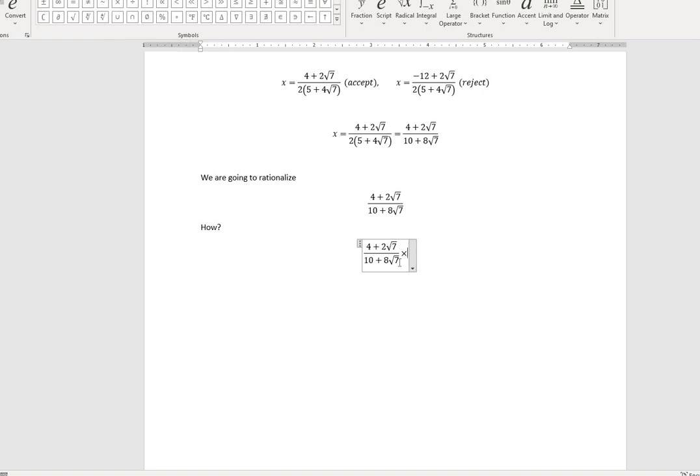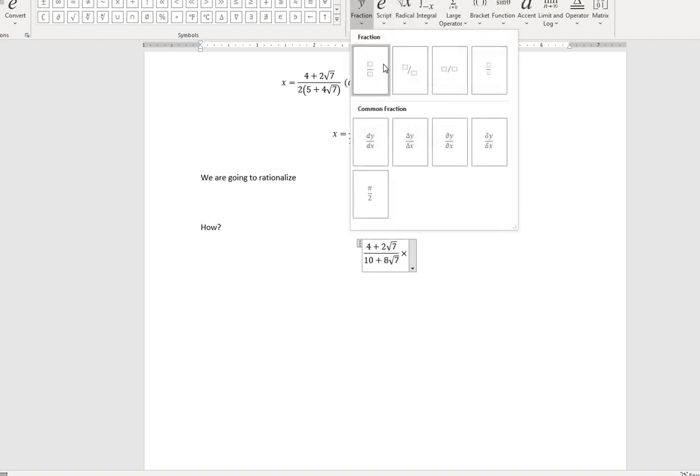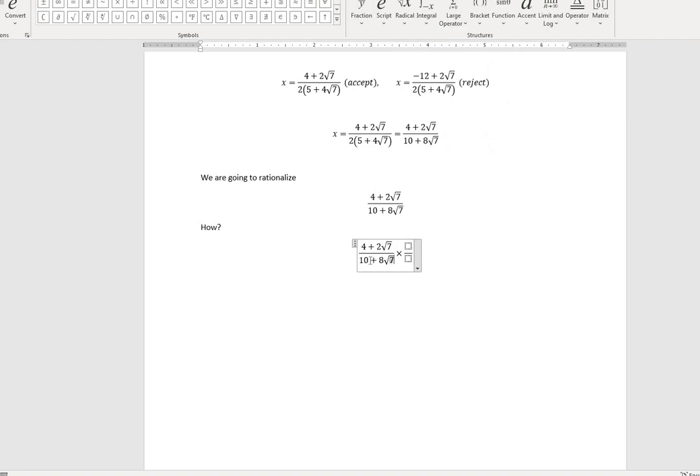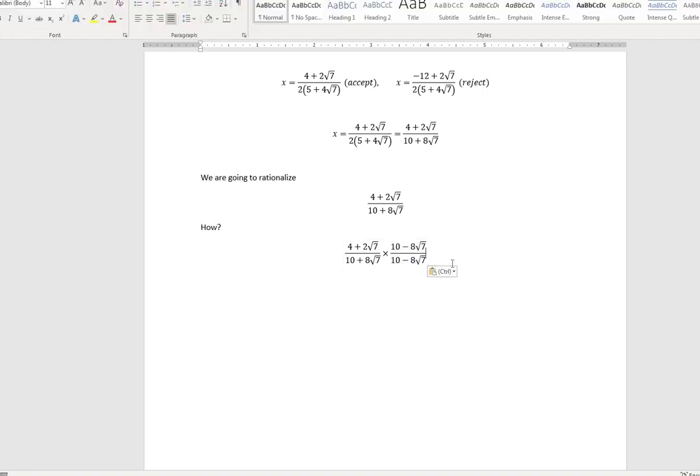You have to times its conjugate of the denominator, since the goal of rationalizing is to make sure that the denominator of a fraction doesn't have a radical term in it. So this is how you rationalize the denominator. And then you simplify this one.